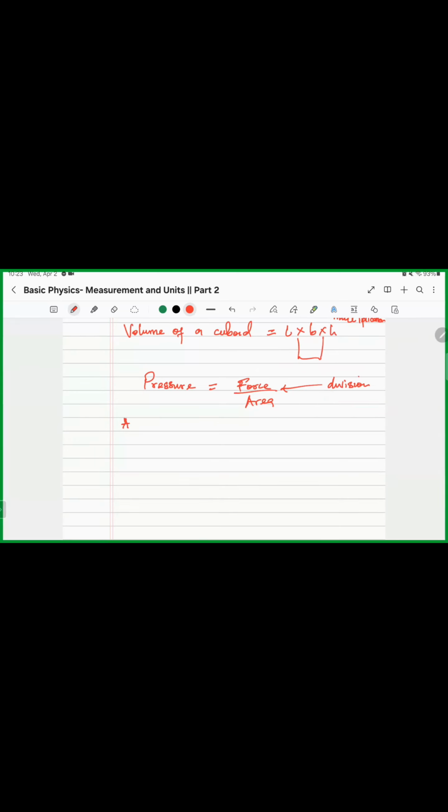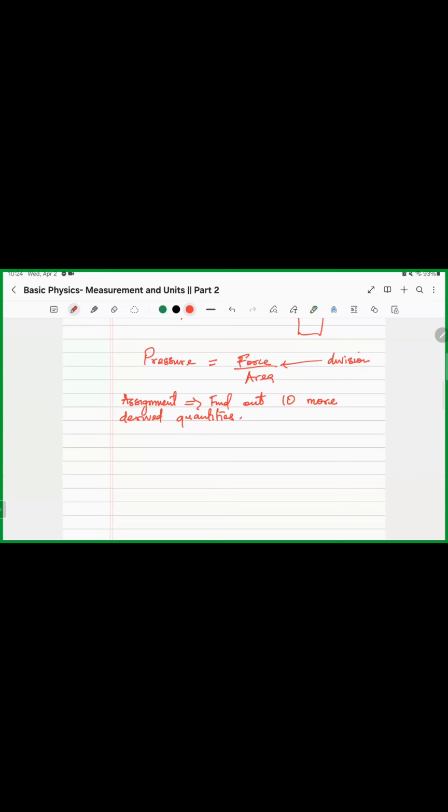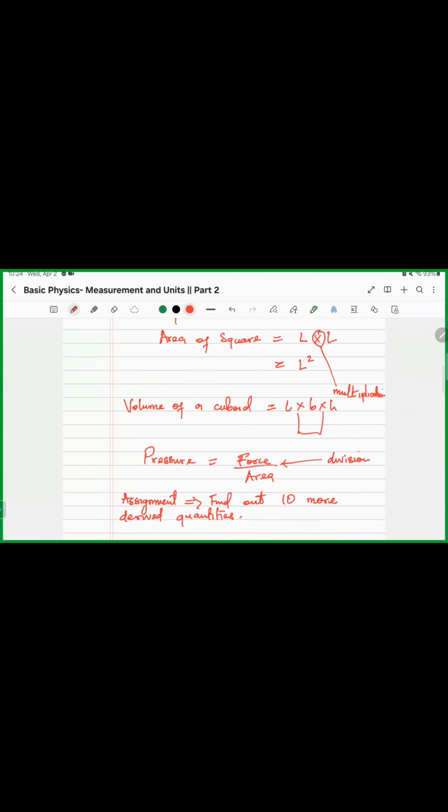So your assignment at this junction is that I want you to find out 10 more derived quantities. Speaking of their unit, it is always also derived. For example, let's go back to the area of a square.